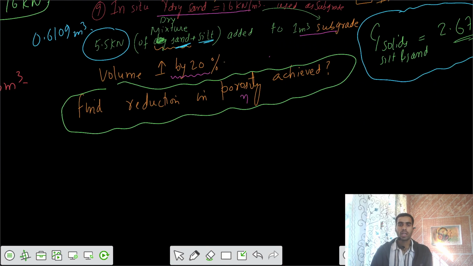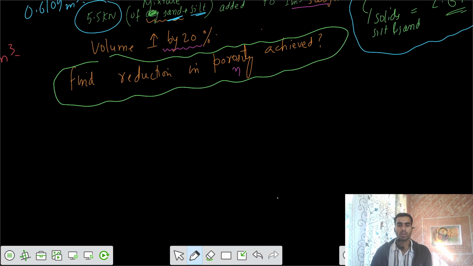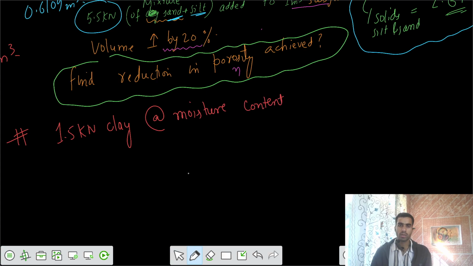Now coming back to the second part of the problem. Now we are adding 1.5 kilonewton of clay, and the clay has a moisture content, or water content, of 10%. But because of the addition of this amount of clay, there is no change in volume.